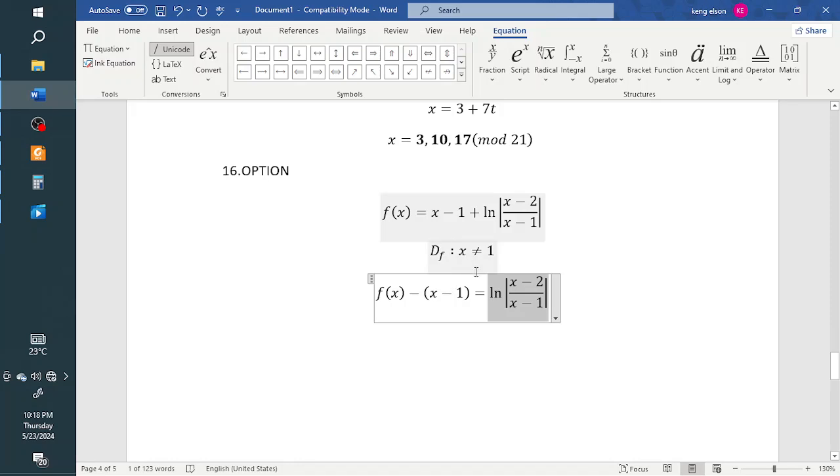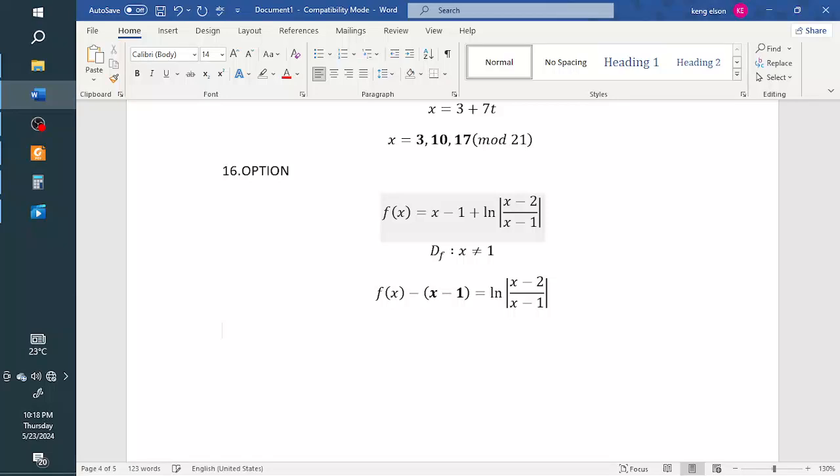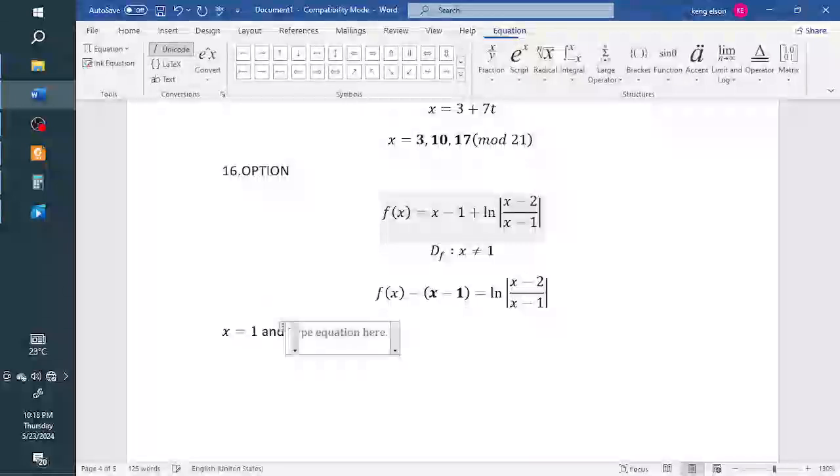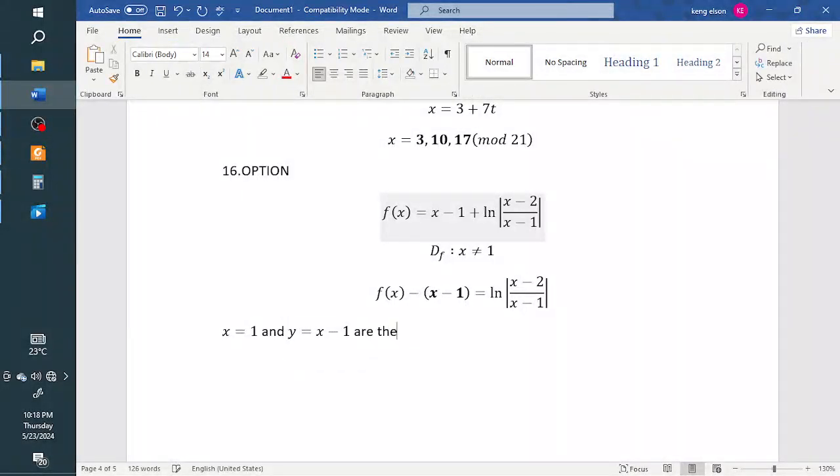So it means that the asymptotes are x equal to 1 and y equal to x minus 1 as the oblique asymptote.